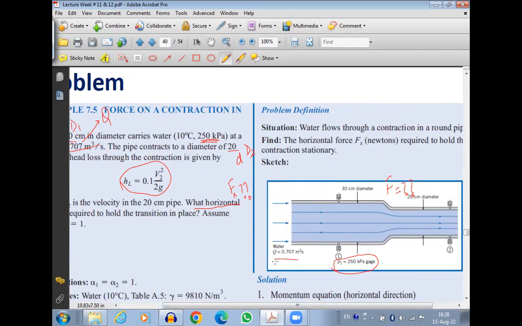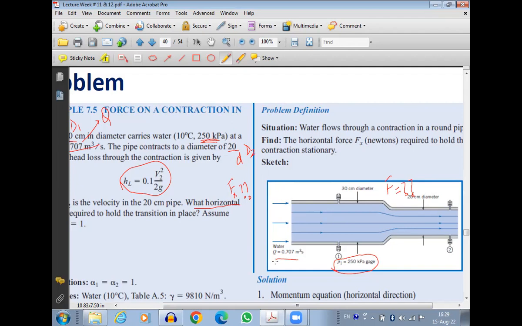The question is, will there be any force of the fluid acting on this? Definitely, because we have a case where the pipe diameter is decreasing. If I force the fluid through this, and I do not hold the pipe, the fluid is going to push the pipe along with it, because the pipe is being constricted.